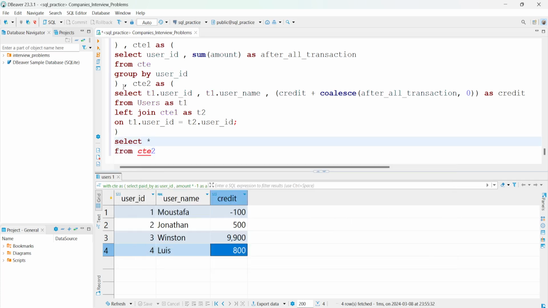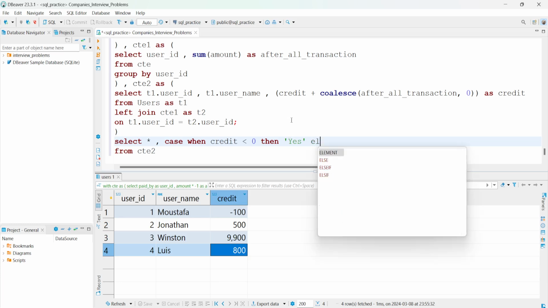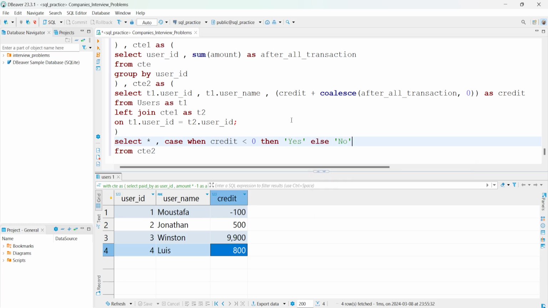We need everything, and then case when this credit is greater than 0, then okay, let's write this case. Wherever it is less than 0, then we need yes, this guy has breached the credit limit, and else no, right?